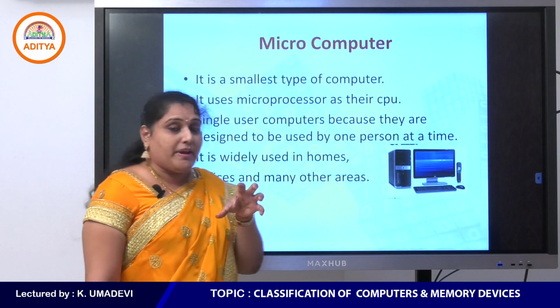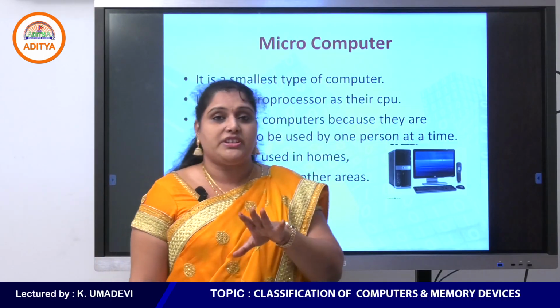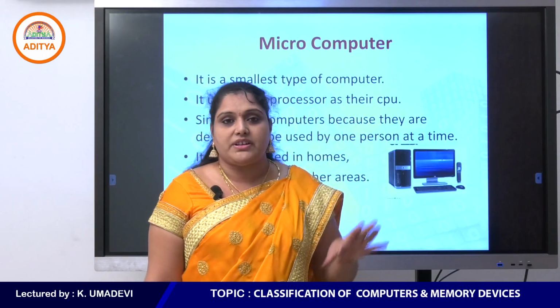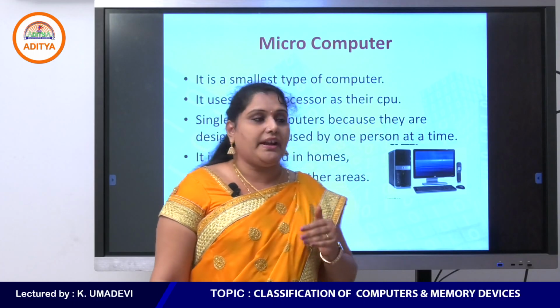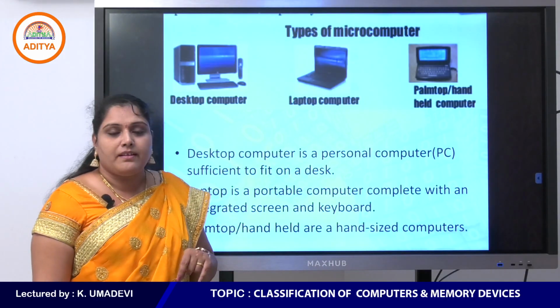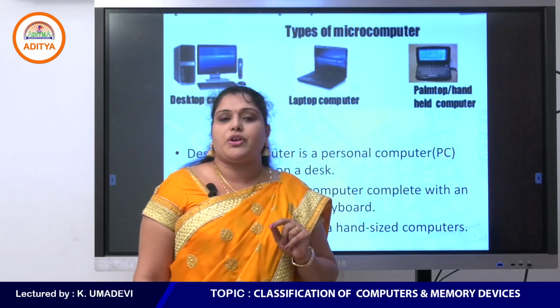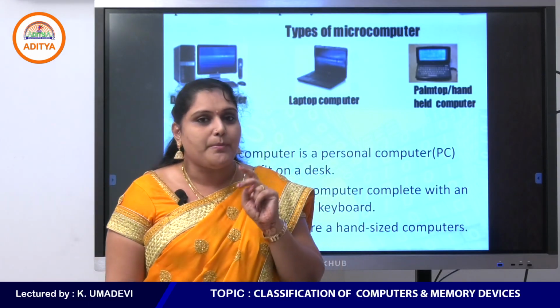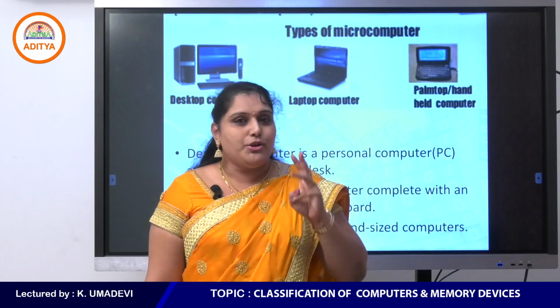But the microprocessor is used as a main component in all types of computers like super, mainframe, mini and micro. Some of the microcomputers are desktop computers, laptop computers, and notebook computers.